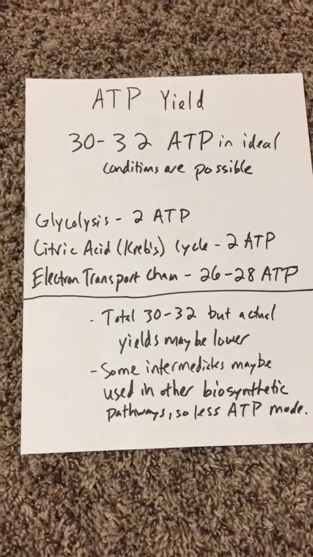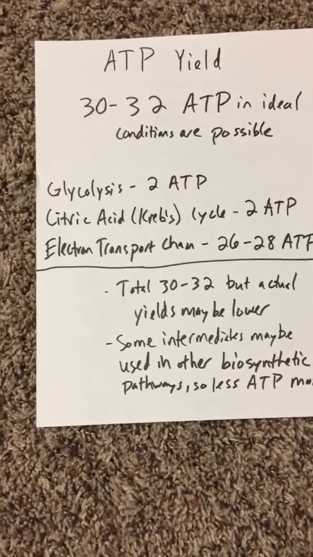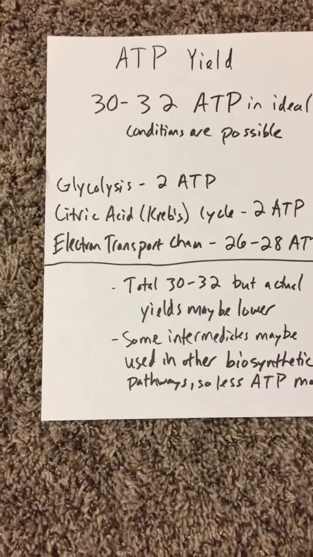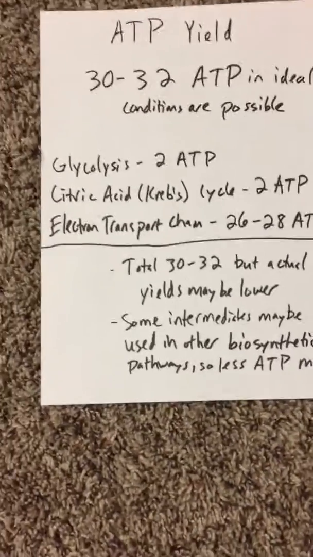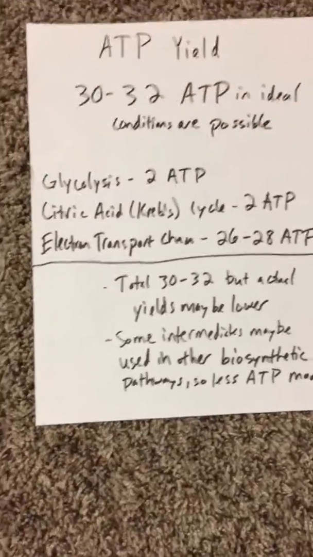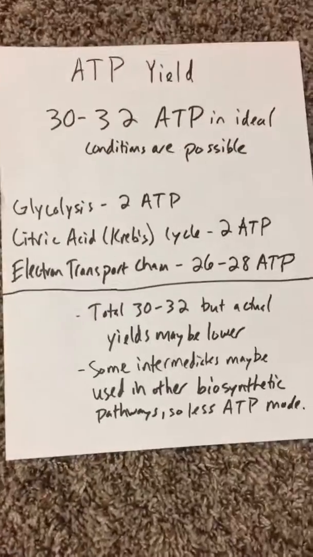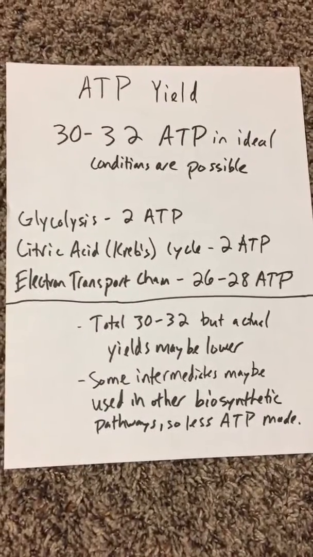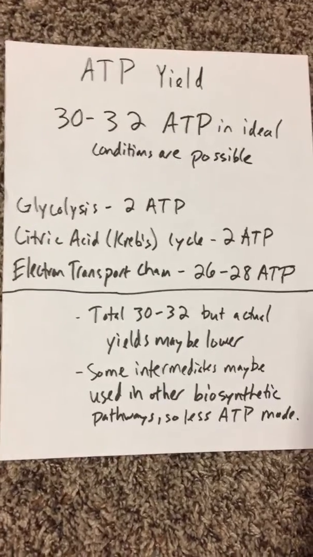So that's the ultimate, if everything was working perfectly, perfect settings, no molecules were used anywhere else or shuffled out of any of the pieces of cellular respiration to be used elsewhere. If everything was just going hunky-dory perfect, we could have 30 to 32 in ideal conditions.